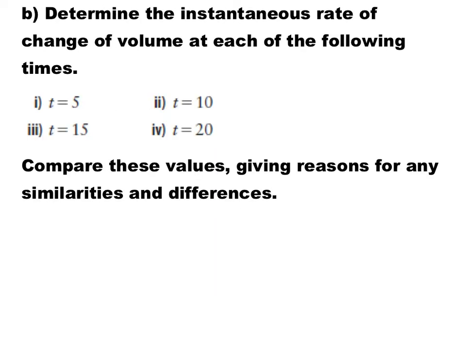The next part of the problem says determine the instantaneous rate of change of volume at each of the following times. The first one is t is equal to 5.